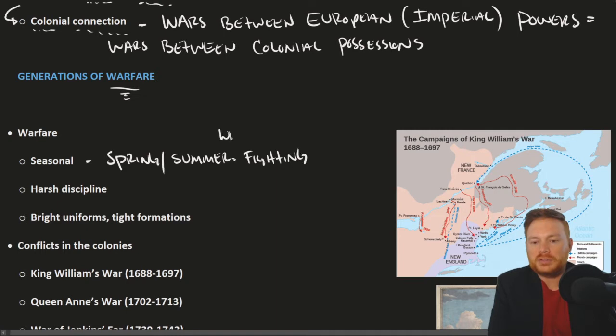And when it was winter time, due to the elements, especially in some of the areas in the northern part of North America, that was really a time for rest, recuperation. The elements just really didn't allow for major combat campaigns to take place in the winter. So not really a lot of fighting taking place during the winter, most actively during the spring and the summer.